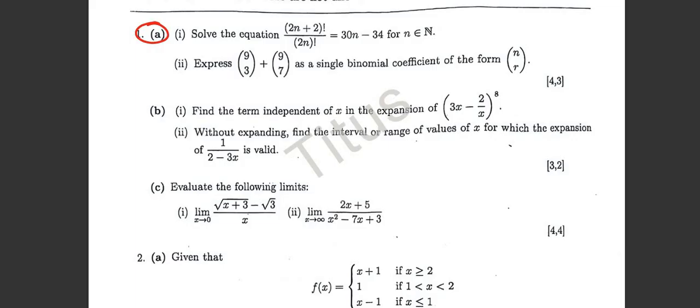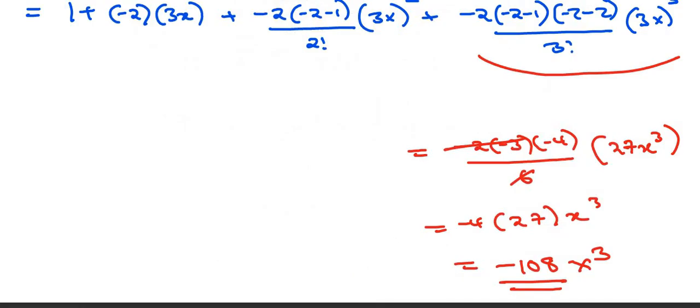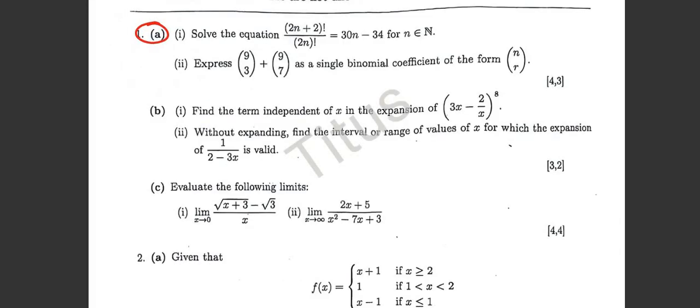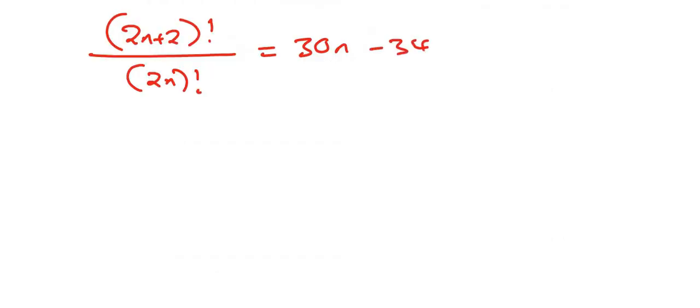So we're just trying to solve this expression. You're going to write the expression given as 2n plus 2, with a factorial, over 2n factorial, is equal to 30n minus 34. So what's the first step here, guys? 2n plus 2 is bigger than 2n, right?